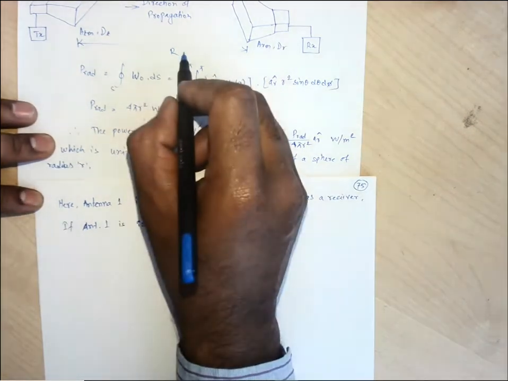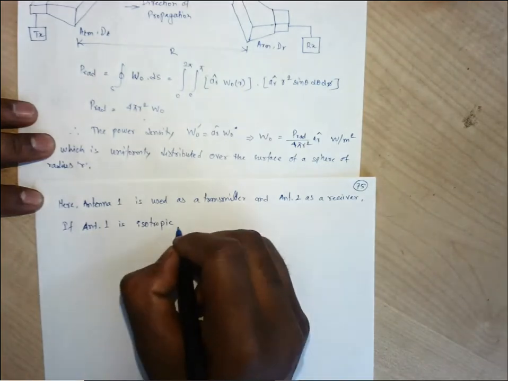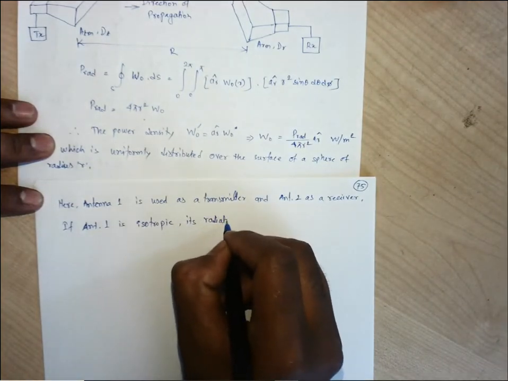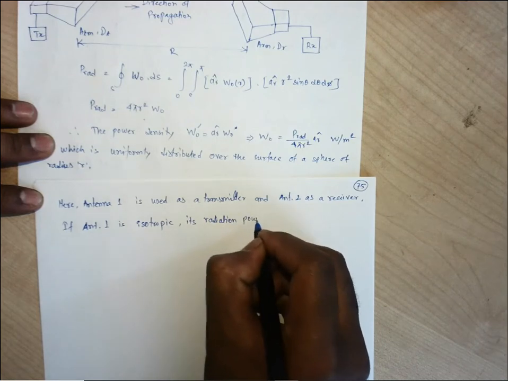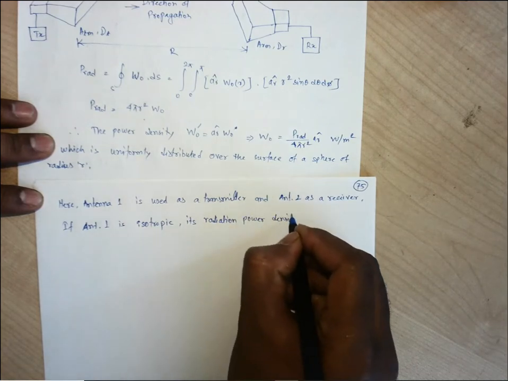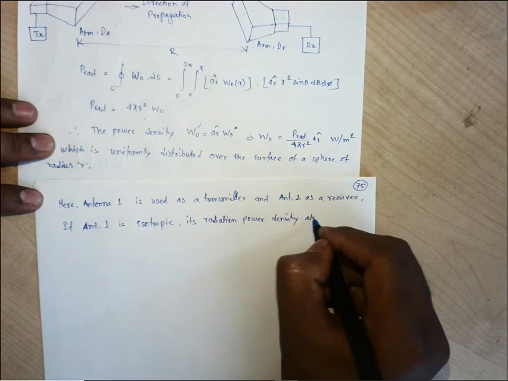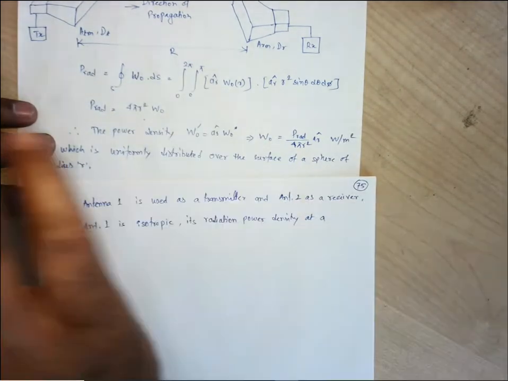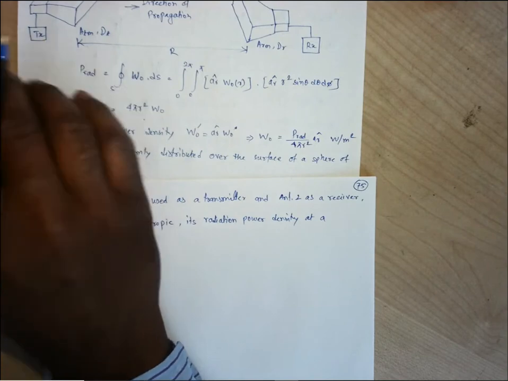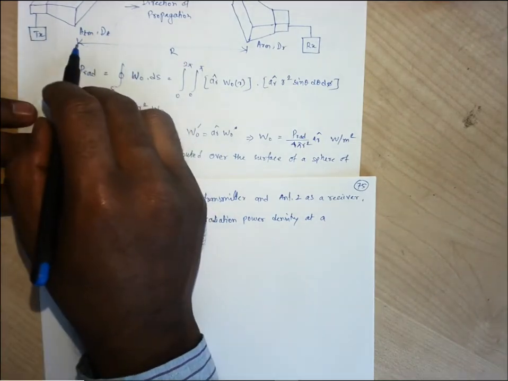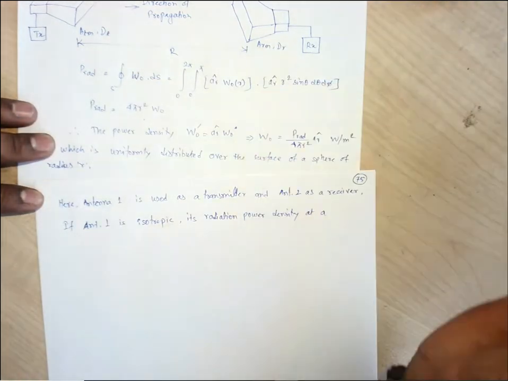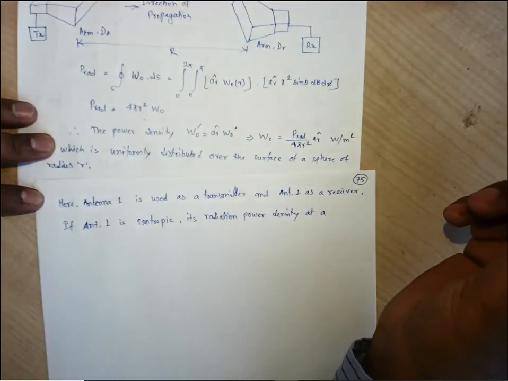This r we can find out, its radiation power density at a distance. Let us take this capital R for the situation we are considering here, because this transmitter is throwing power which is supposed to be received at a distance of R by some receiver, which is antenna 2.